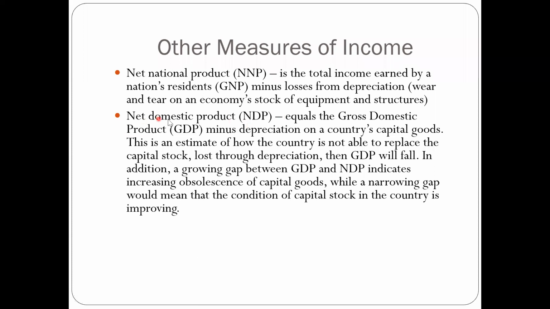So here we have net domestic product, and it equals the gross domestic product minus depreciation. So we will have a net value; we exclude the depreciation. If we want to calculate the net national product, we must exclude the depreciation from the gross national product.